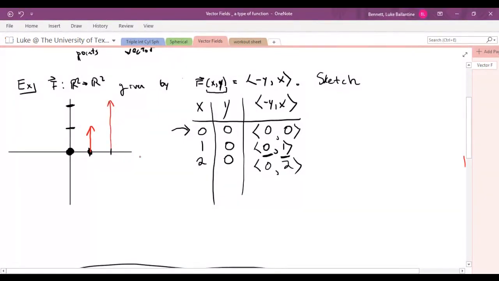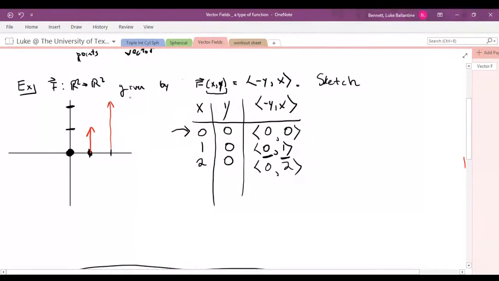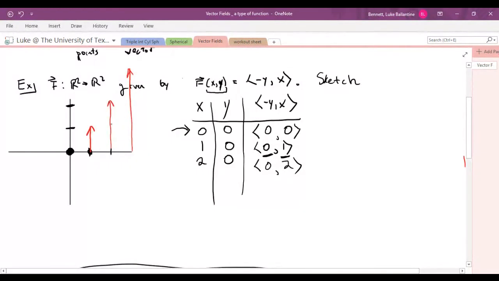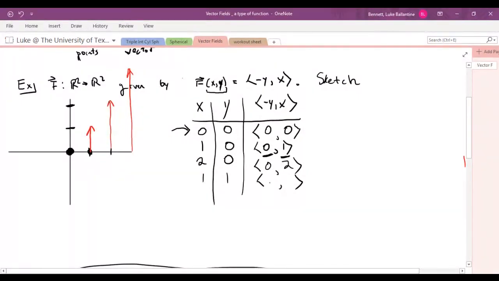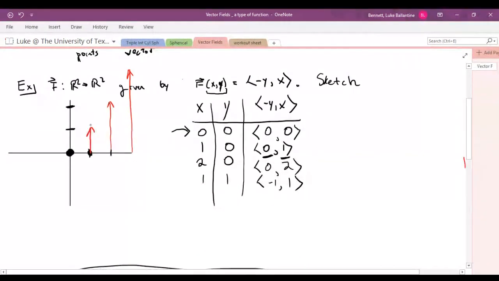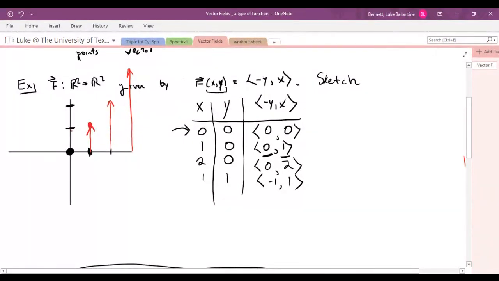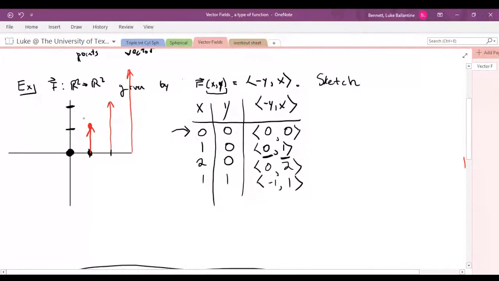And then at 3 we would get 0, 3, and that would go up 3. Okay, so what about the point 1, 1? What do we get for x is 1, y is 1? Negative 1, positive 1. So starting here, x goes negative 1, y goes positive 1. We end up right here.